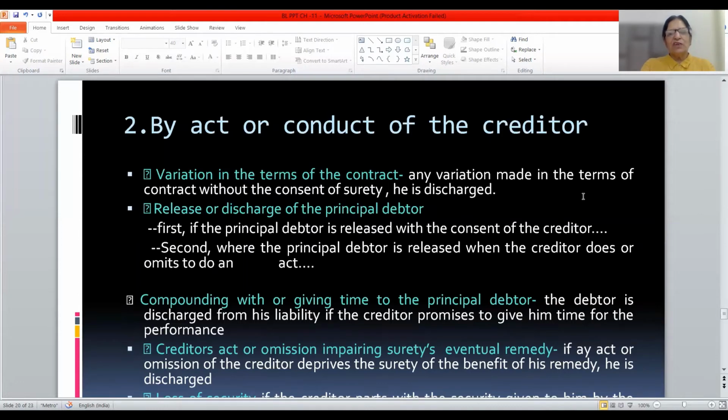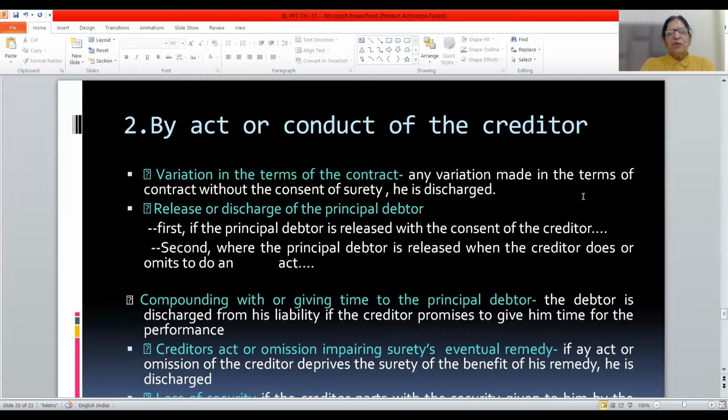Release or discharge of the principal debtor. If through the act of the creditor, principal debtor is discharged from his liability, then in some cases, surety will also be discharged from his liability. But there are some exceptional cases where surety will not be discharged from his liability.